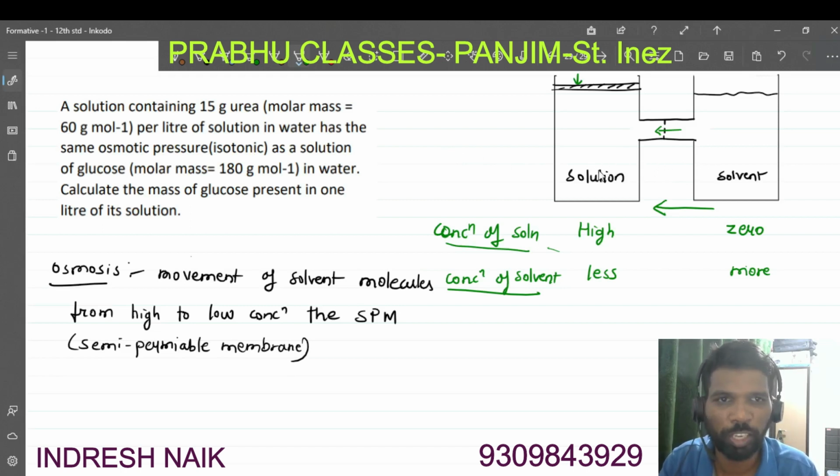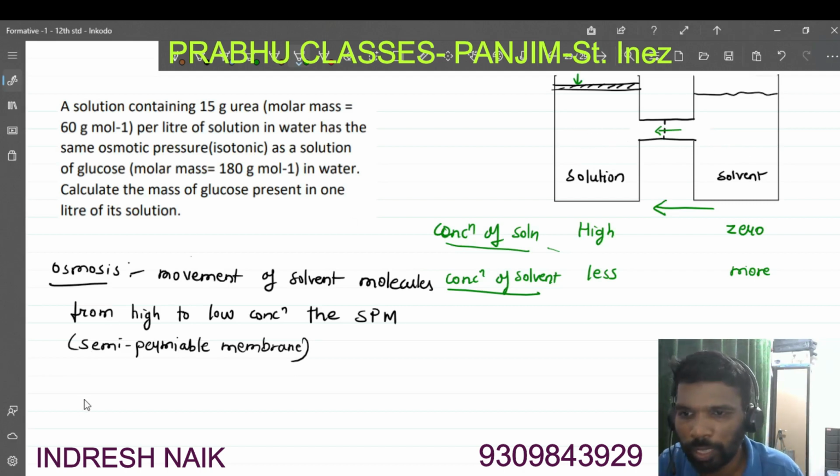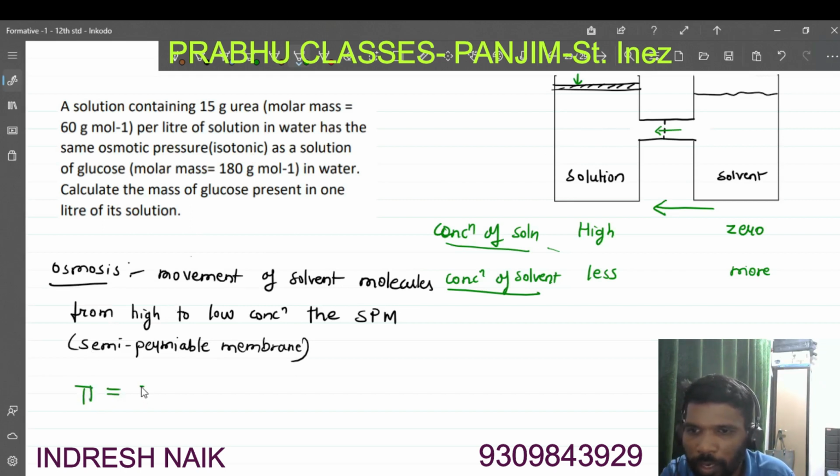So the osmotic pressure pi is directly proportional to the concentration of the solution. This C is the concentration of the solution, and R and T are constants. And there will be a Van 't Hoff factor i. For a non-electrolyte solution, i is equal to 1.